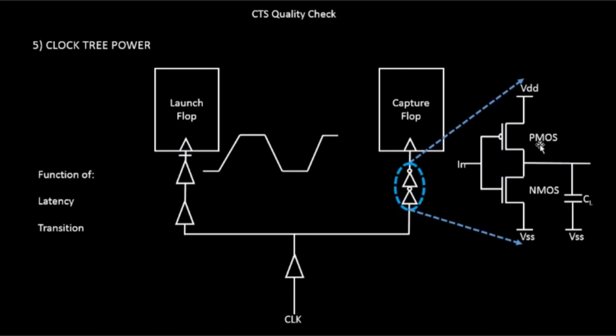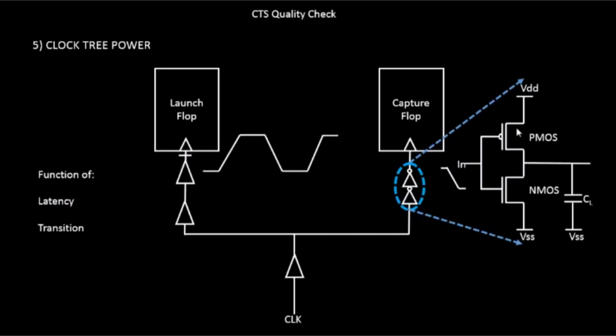So we are looking at an inverter over here. An inverter has got a PMOS at the top and NMOS at the bottom. This is a very famous structure that we have seen for an inverter circuit. So the first kind of power, let us try to look into what happens in this scenario. When the input moves from logic 1 to logic 0, your PMOS turns on, your NMOS turns off.